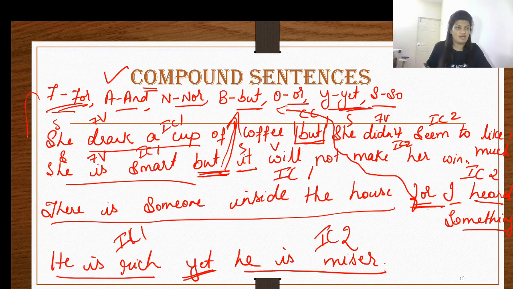All these are our compound sentences. All you have to remember is compound sentences are those which are combined by the conjunctions FANBOYS, or coordinating conjunctions, where both the clauses are independent clauses.